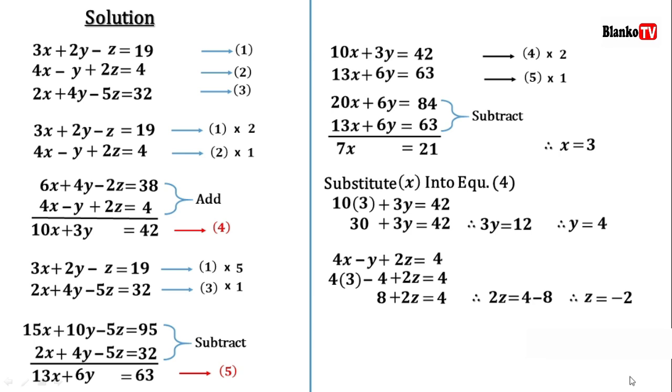So z is going to be negative 2. So our solution is x is equal to 3, y is equal to 4, and z is equal to negative 2. I hope you followed the steps and you now understand and can solve simultaneous equations with 3 unknowns.